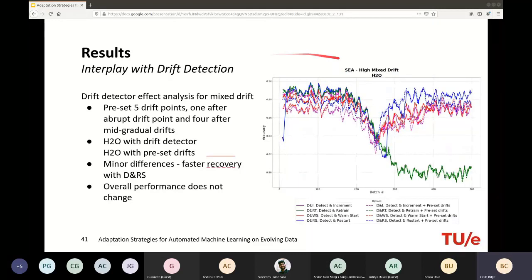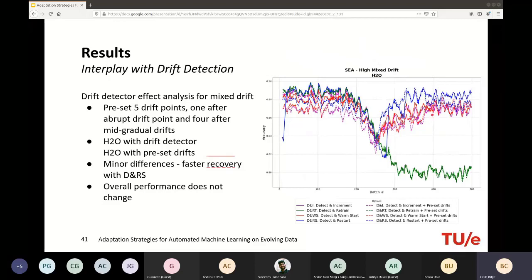We also wanted to understand whether the drift detector we selected has an effect. For that, we removed the drift detector and introduced preset drifts into the strategies. You can see them with the dotted lines. We introduced 5 drift points to the middle, 1 to the middle, and 2 to the gradual drift points, midpoints.